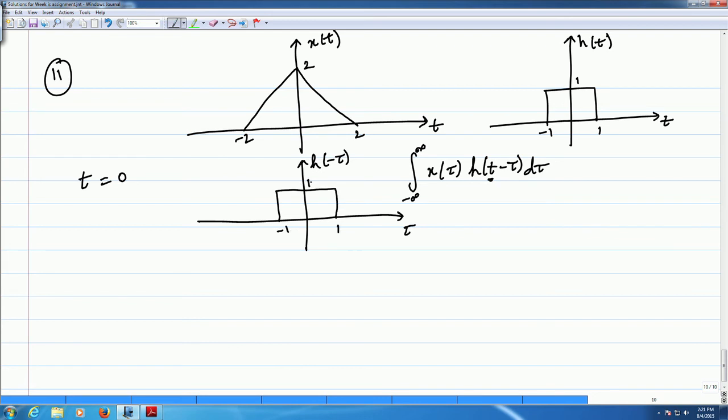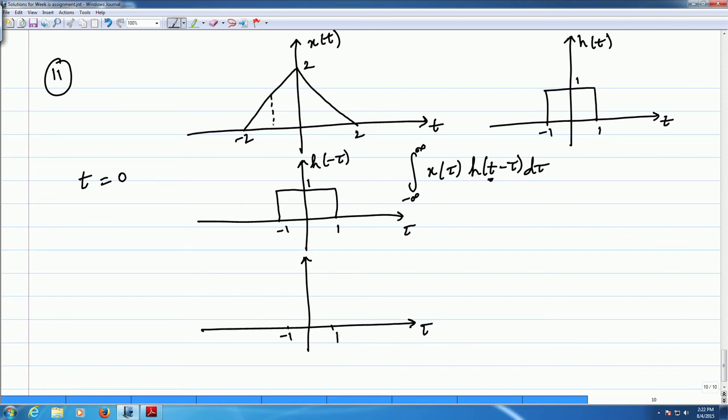Okay. h of minus tau is the same as h of tau, and you get this. So, now when you multiply these two, as a function of tau it will be from minus 1 to 1 alone, and h is simply just 1. So, there is nothing much to do there, and x is going from minus 1 to 0.